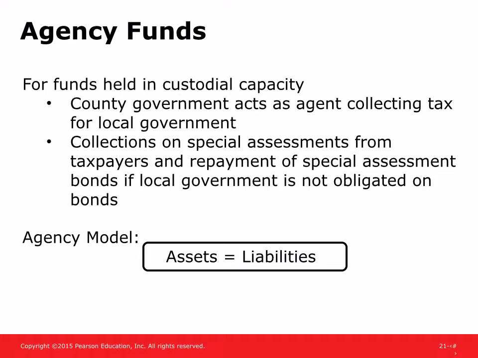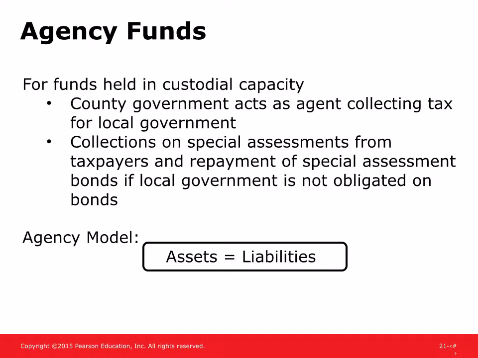And here you see agency funds, which would be a type of fiduciary fund. And like I mentioned before, this could be the county is the one levying some tax, but it's used for the local government. So the county would hold it as a custodian until it went over to the city.